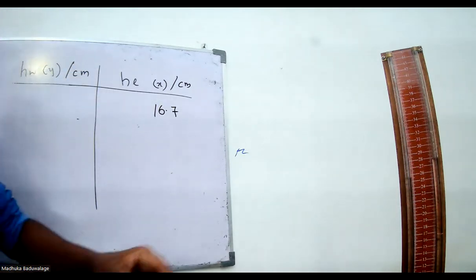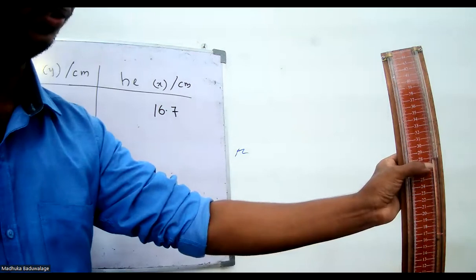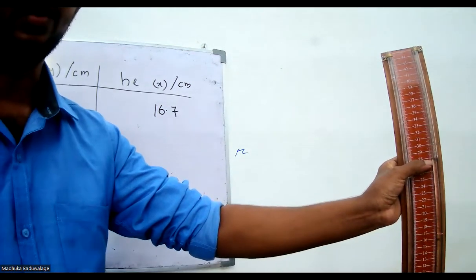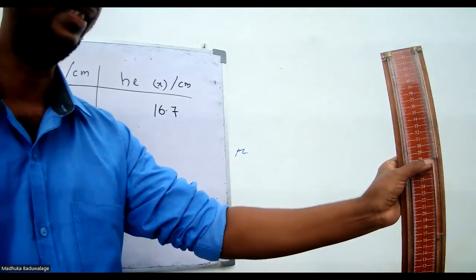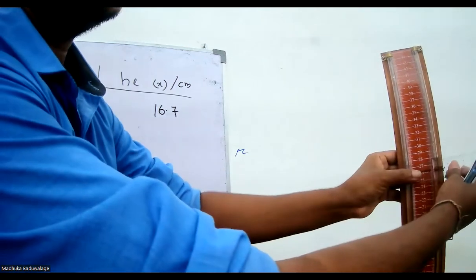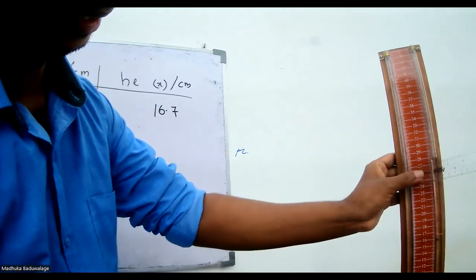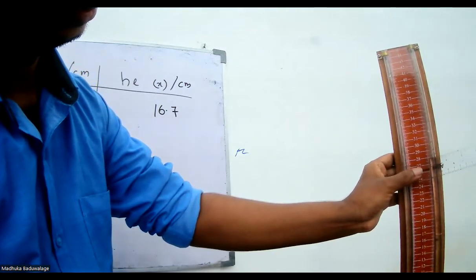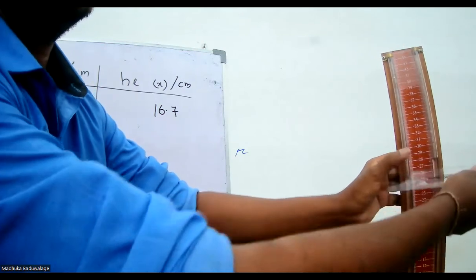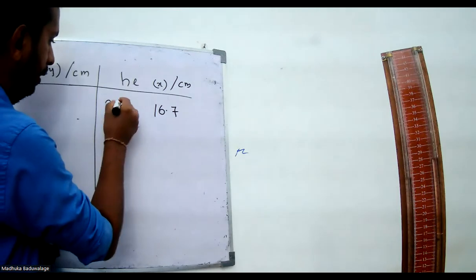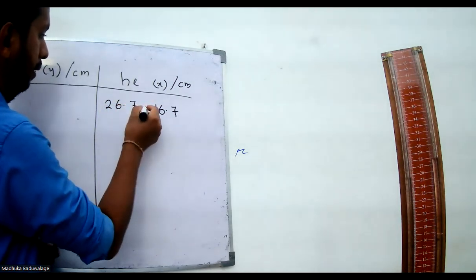Now I am going to find out the upper meniscus position of the kerosene oil column. Here we have to use a set square or ruler to get the position. The upper meniscus position of the kerosene oil column is 26.7.